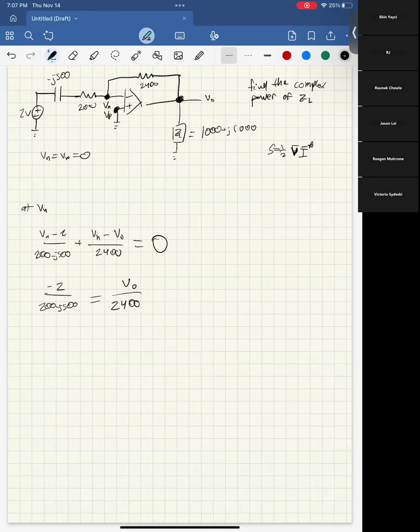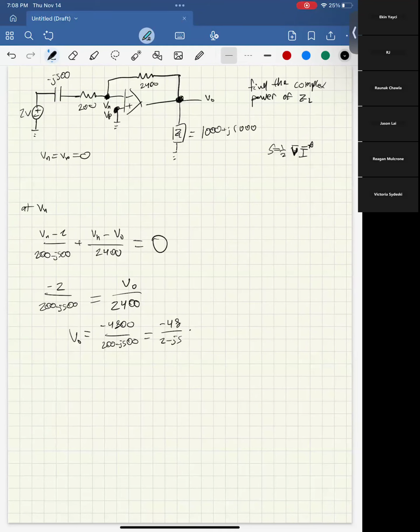If we multiply both sides by 2400, you get V out equals -4800 over 200 minus J500. We can remove 2 zeros from the top and the bottom and get -48 over 2 minus J5.